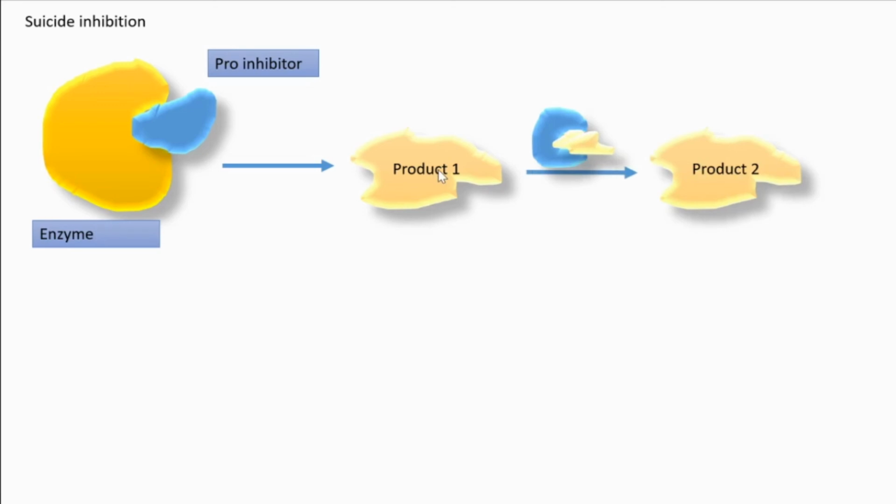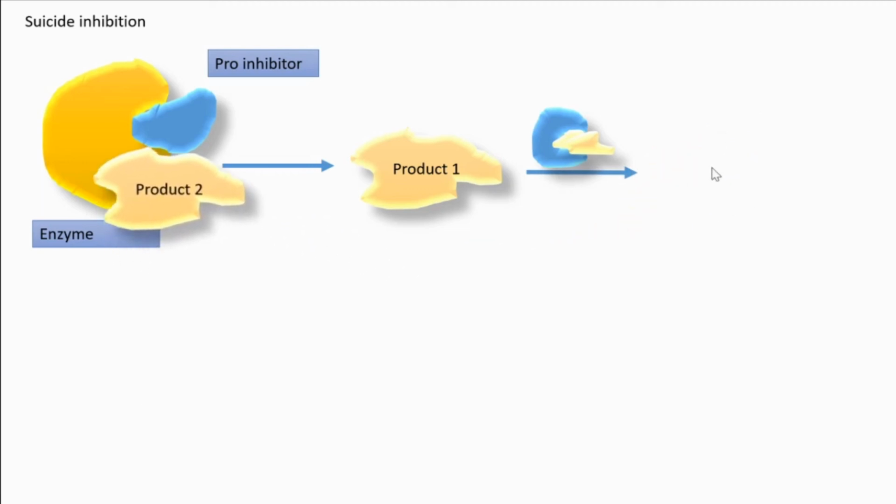Then again one more enzyme acts and another product is formed. That means the reaction can proceed to a certain extent without any effect. After reaching certain steps, what is happening? That product in turn will move and block the enzymatic activity of the first enzyme. It acts as the inhibitor of the first enzyme.